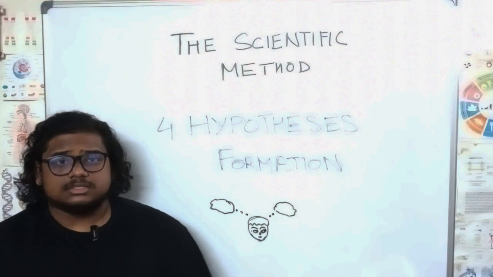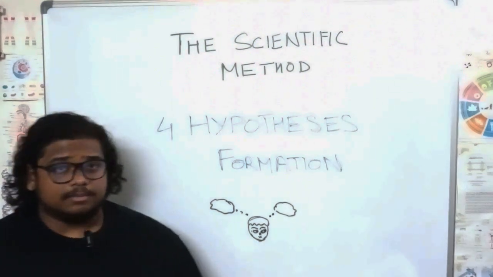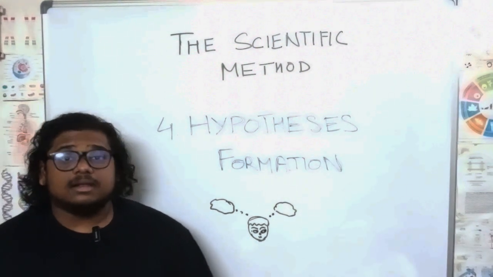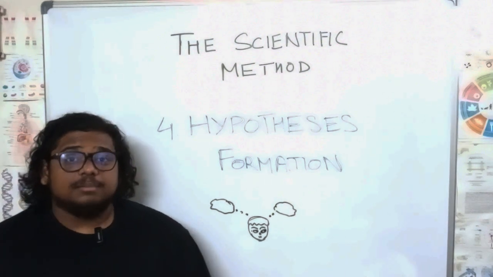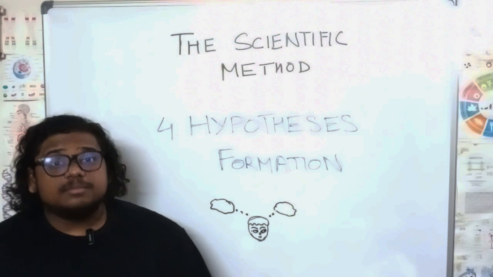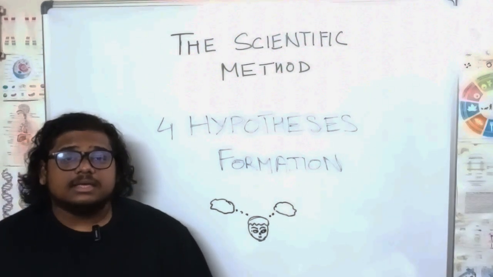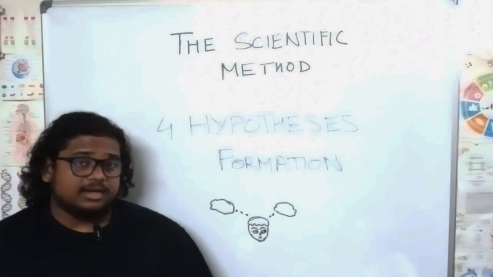A good hypothesis should be testable, meaning you can find out if it is right or wrong through experiments. And for scientists, and when you become a scientist, a hypothesis will make it easier to design experiments and find proper solutions to any problems. So, hypothesis formation is a very important part of the scientific method.